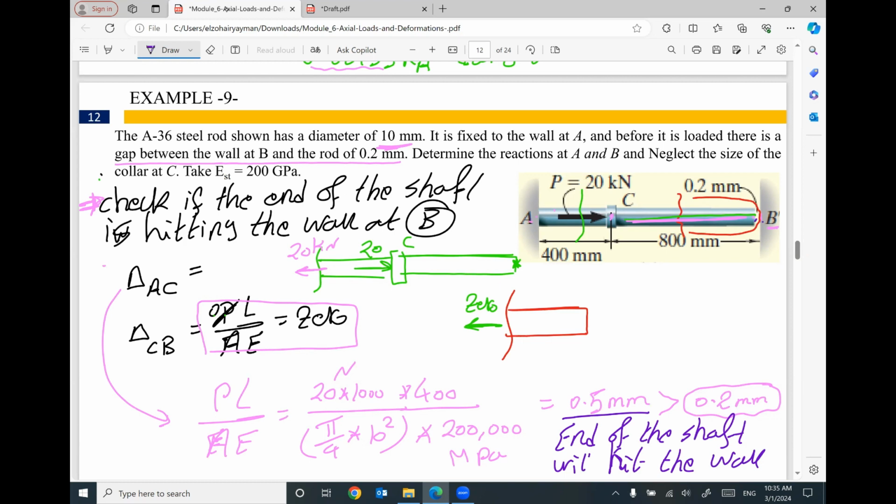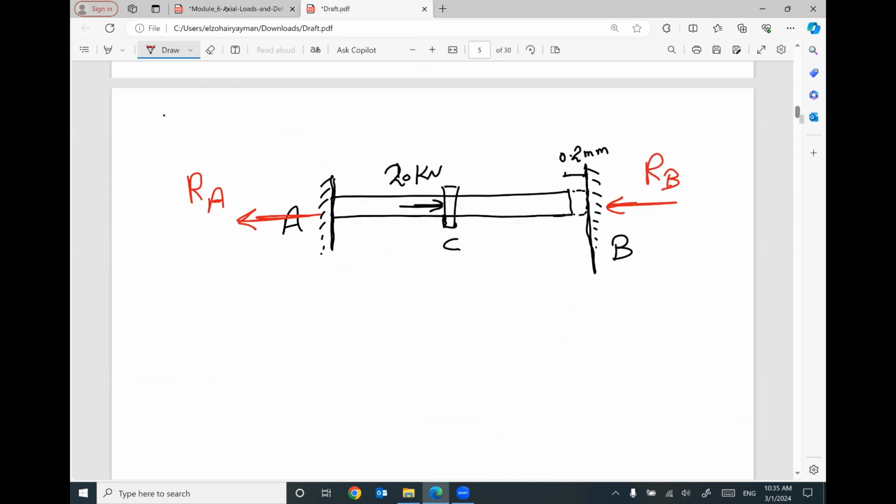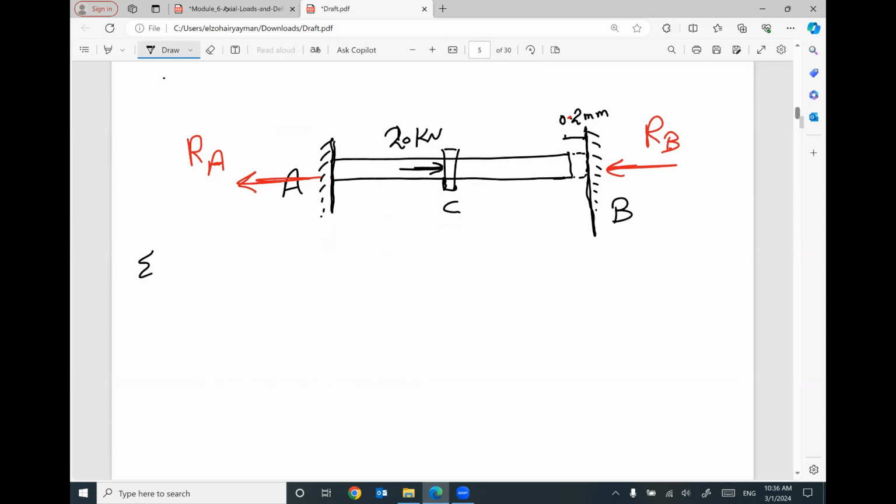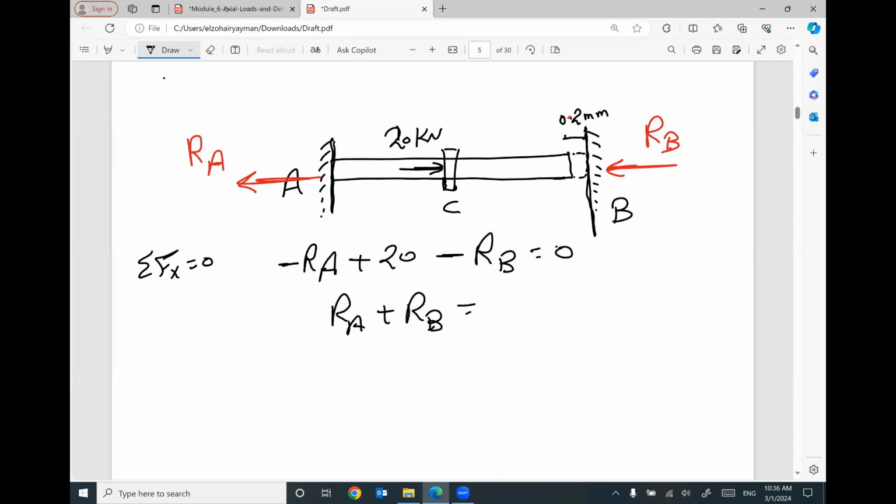That means the shaft will hit the wall, but after 0.2 millimeter. After hitting the wall, we will have a reaction RB and a reaction RA. Keep in your mind from engineering mechanics, if you apply summation of Fx equals 0, we will have negative RA, positive 20 kilonewton, negative RB equals 0. So reaction RA plus reaction RB will equal 20.